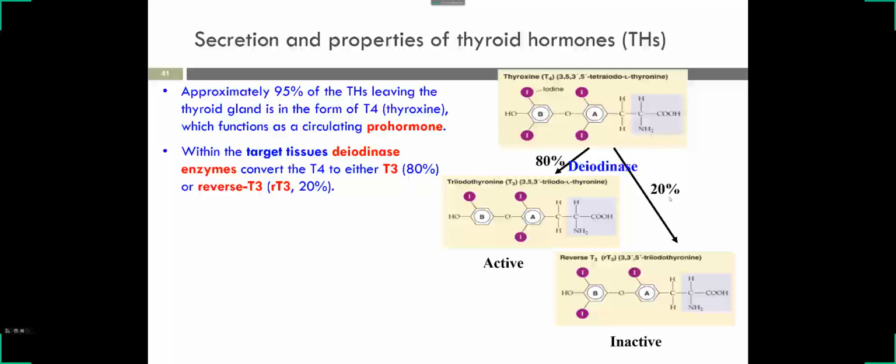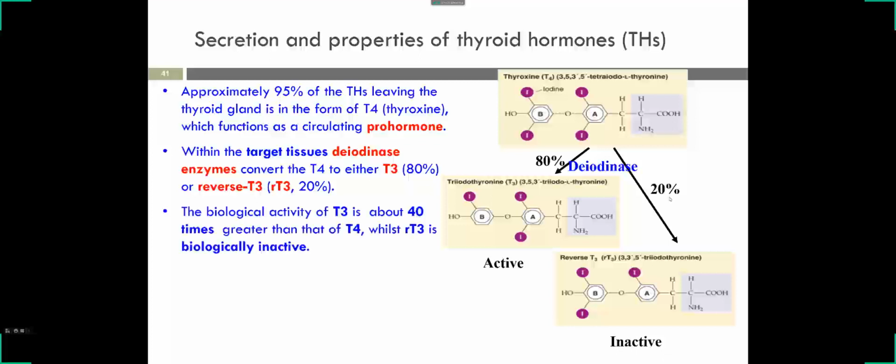T3 is the active form and reverse T3 is inactive. The biological activity of T3 is about 40 times greater than that of T4, whilst reverse T3 is basically inactive.